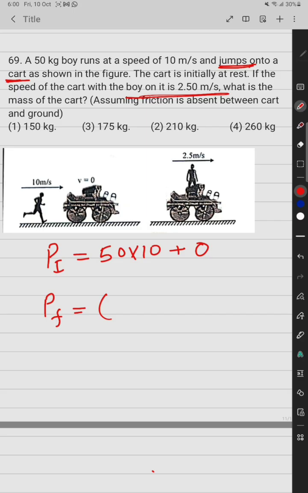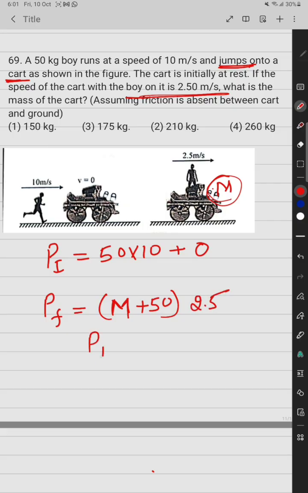So suppose the mass of the cart is m, then the total mass after this is m plus 50, and the common velocity is 2.5 meter per second.